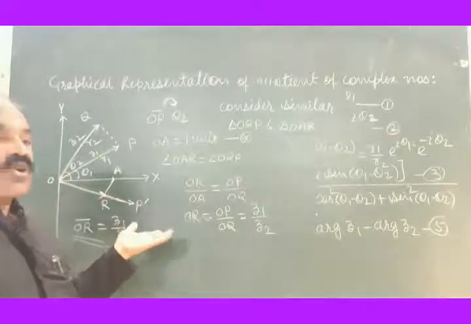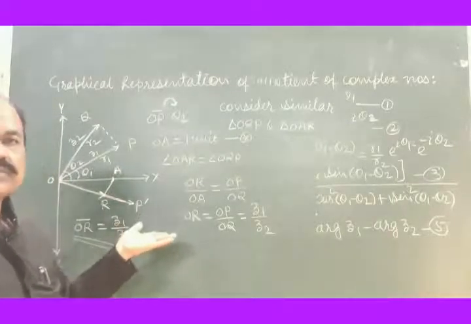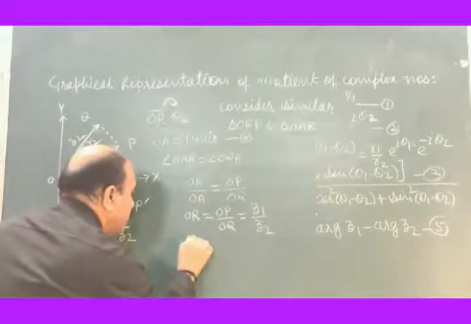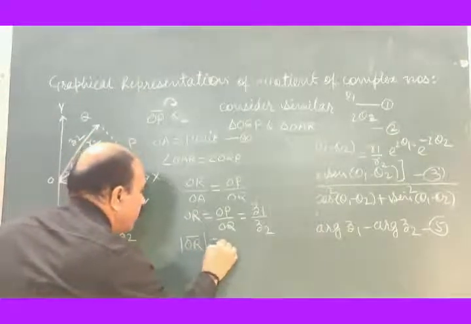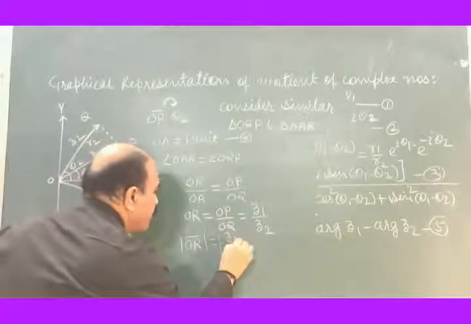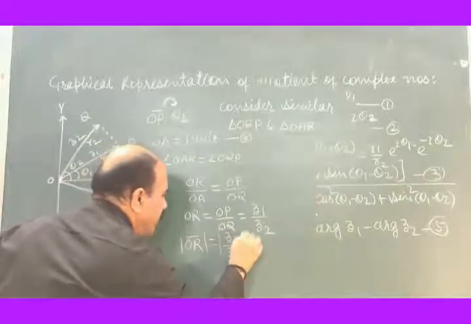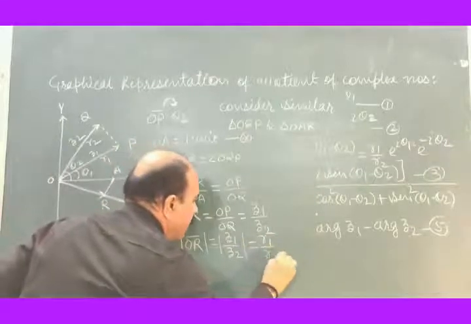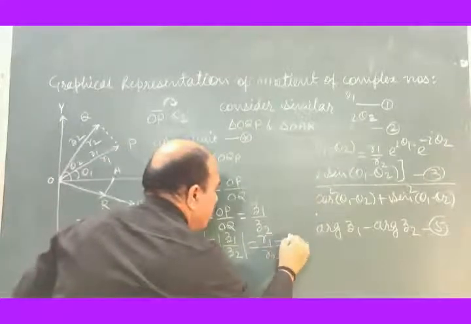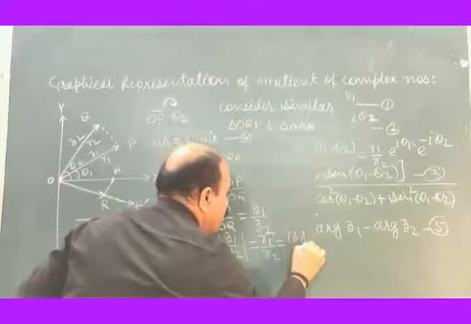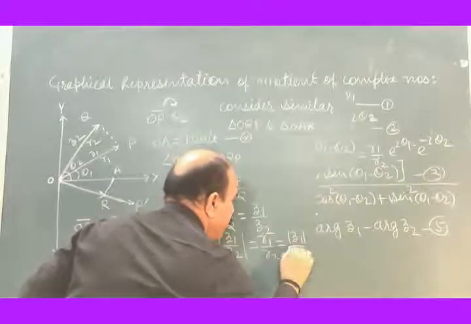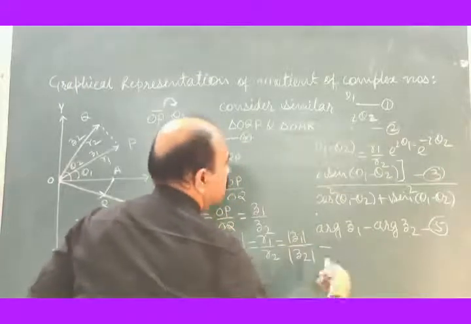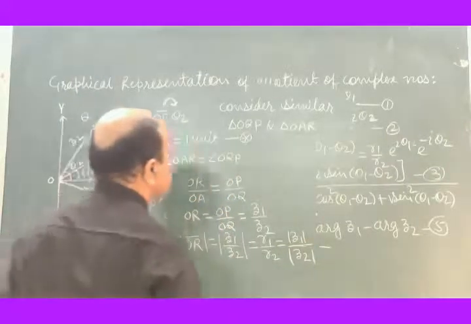Now what will be the modulus of OR? Modulus of vector OR will be modulus of Z1 divided by Z2. That is nothing but R1 divided by R2. That is nothing but modulus of Z1 divided by modulus of Z2. Equation number 8.